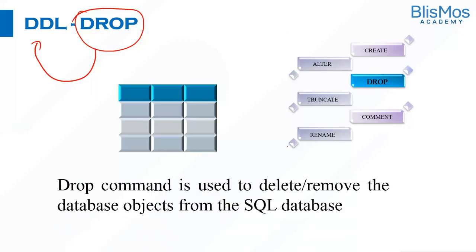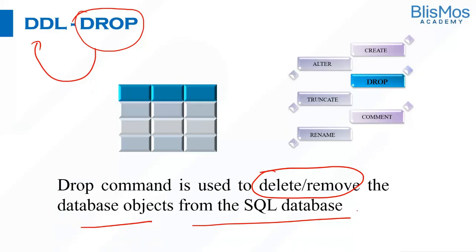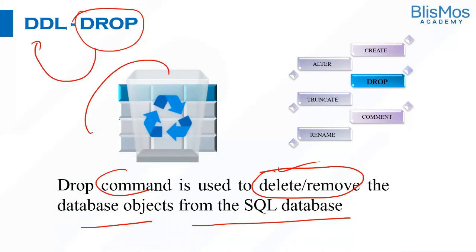Drop command is used to delete or remove the database objects from the SQL database, including the database itself. All it is doing is deleting either a table or a view or any database object.